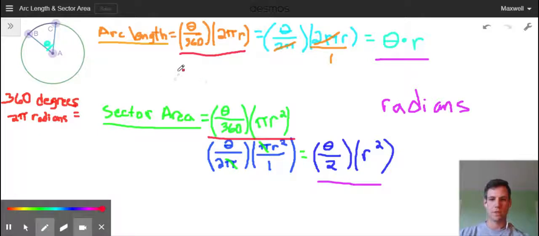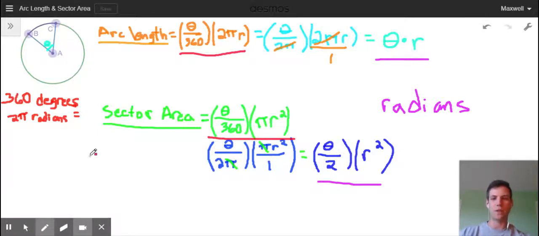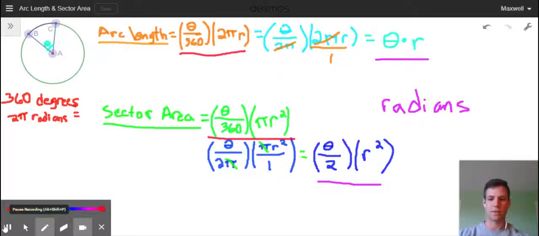We could even write degrees there, but we already covered that. So in the next part of this video, we'll be looking at some quick examples of finding the arc length and sector areas in specific problems.